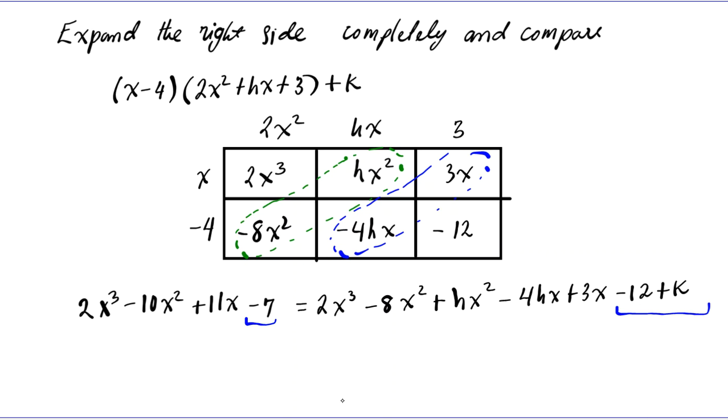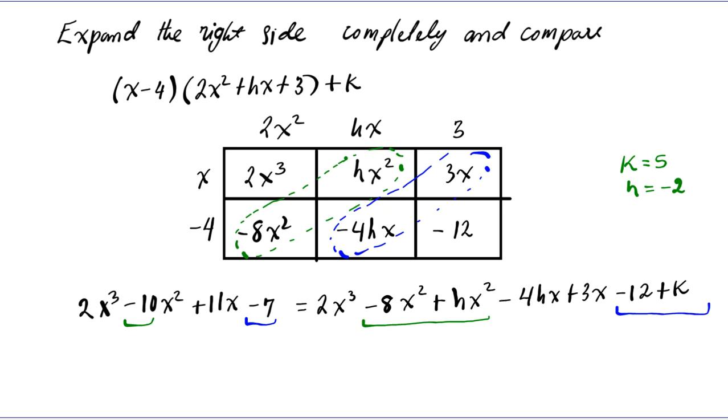And then if you look at the squares and you ask yourself, negative 8 plus what gives you negative 10? Negative 8 plus negative 2 gives you negative 10. So just by inspection, we can easily see that k is positive 5 and h is negative 2.